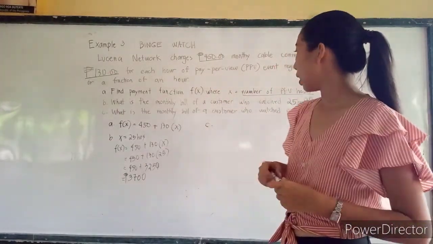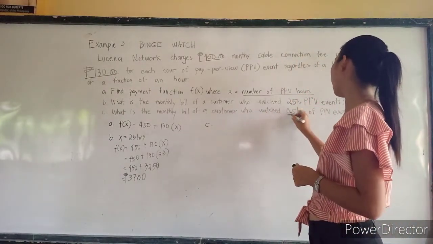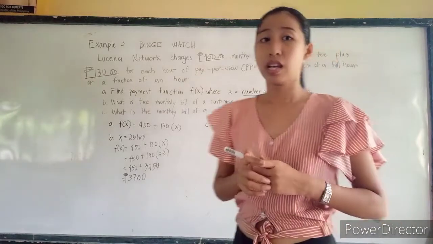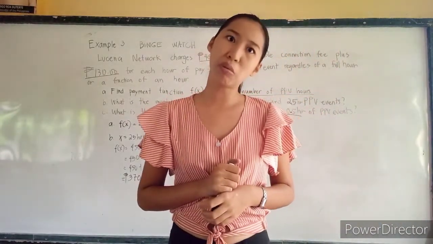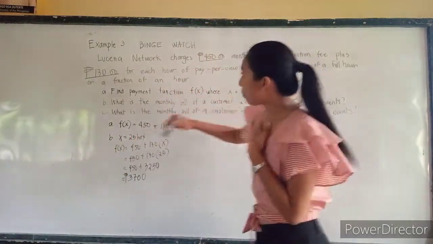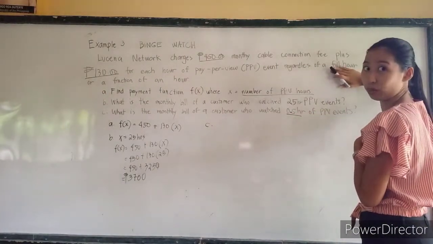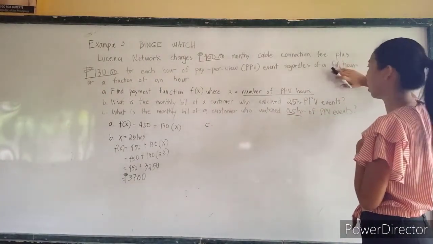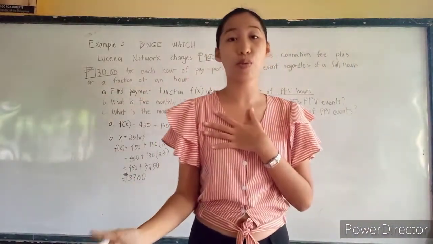What is the monthly bill of a customer who watched 0.5 hour of PPV events? 0.5 hour means 30 minutes. Remember, it says that you pay 130 regardless of whether you watched a full hour or only a fraction of an hour.